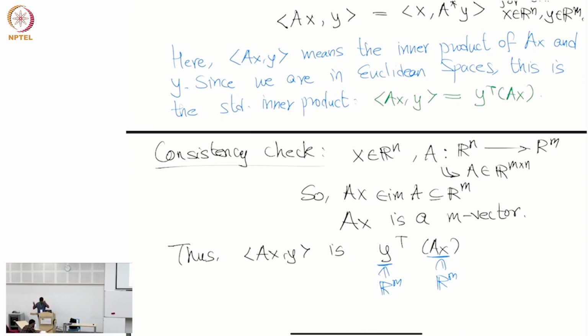This is just a simple consistency check, the equivalent of a dimensionality check or arguments from dimensions that you might have learnt in physics or engineering. So this inner product makes sense, and likewise the other inner product, x comma A star y, will make sense.